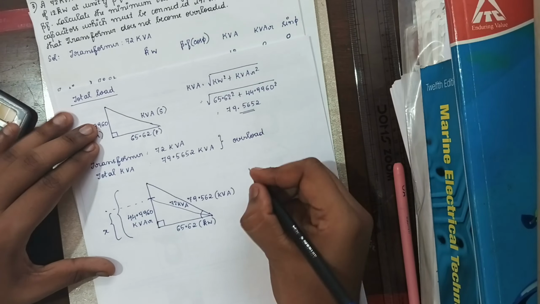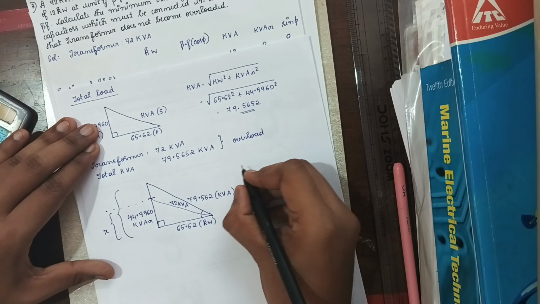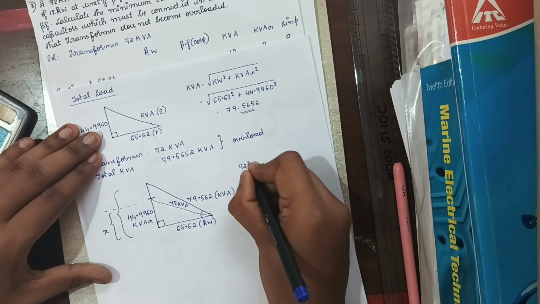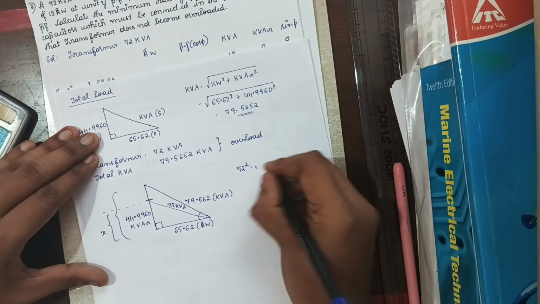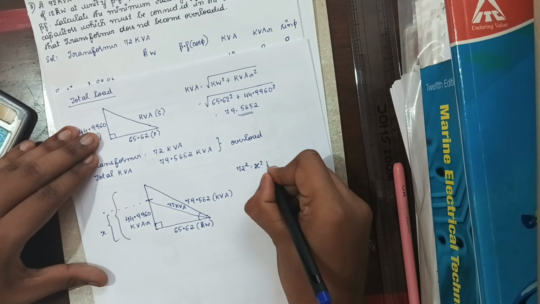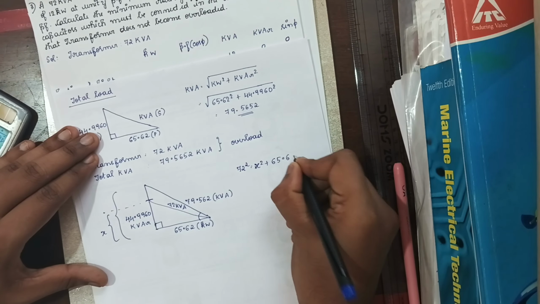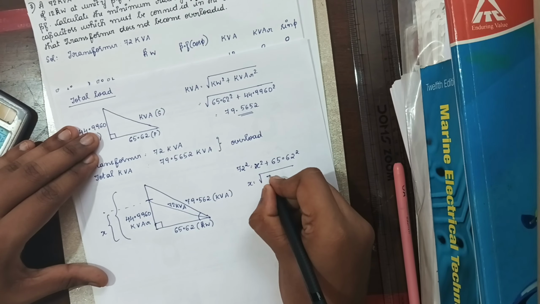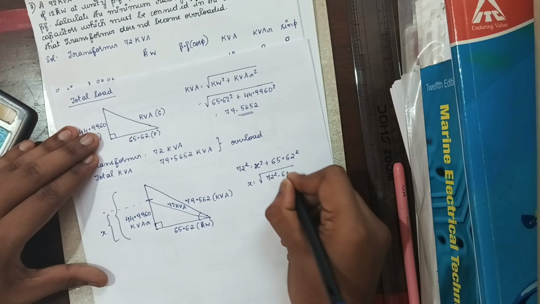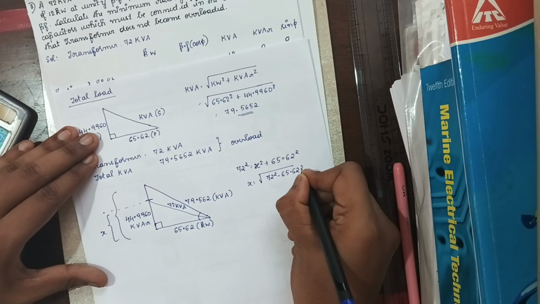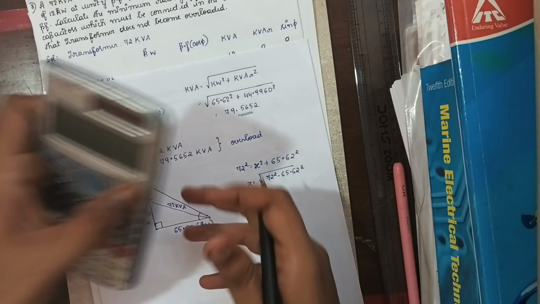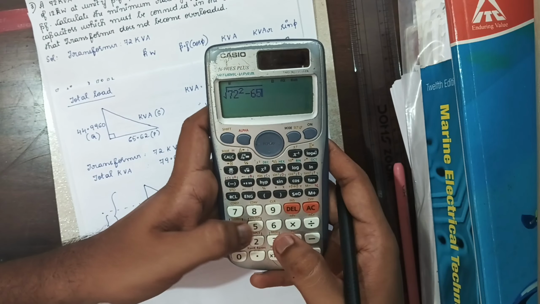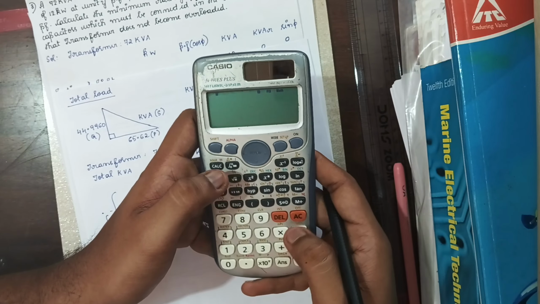To find this value, we can use the Pythagoras formula, that is 72 square is equal to x square plus 65.62 square. So x is equal to root of 72 square minus 65.62 square.